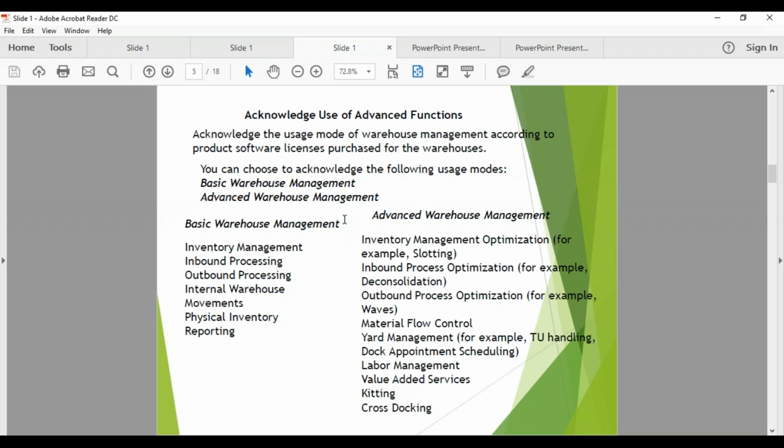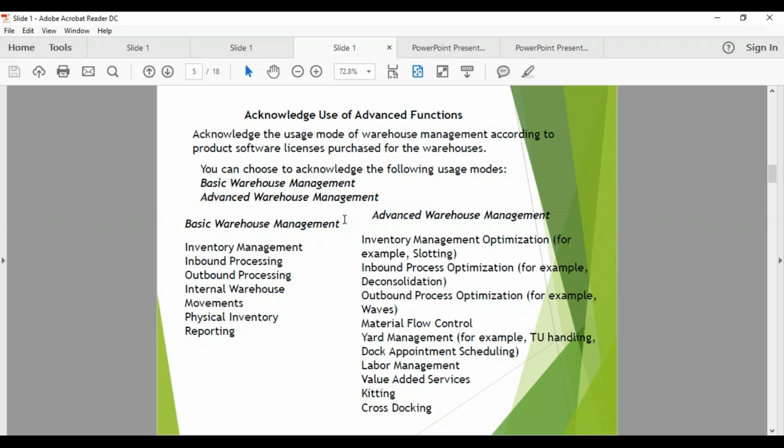For the advanced mode, if they have opted for those functions, certain licenses are needed, because SAP does business with licenses. You need to take the license from SAP. Depending on the number of users, you will take that many licenses.